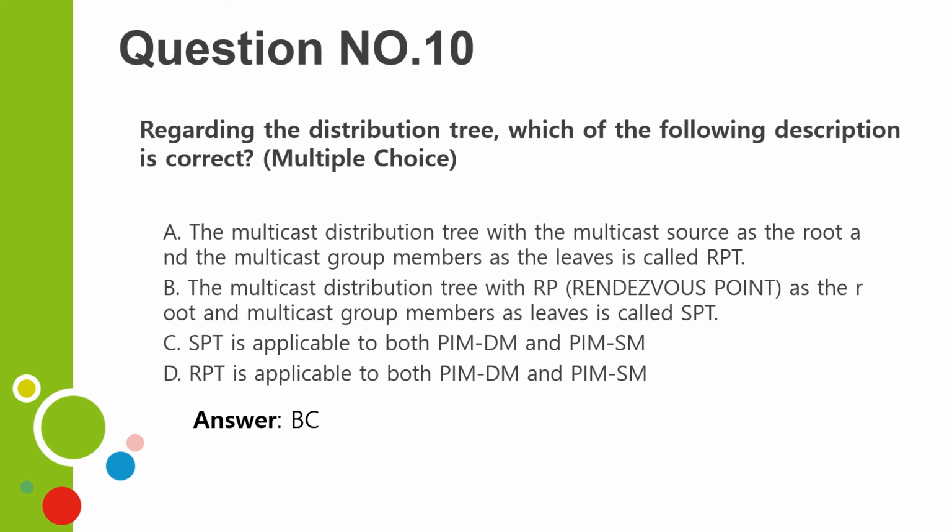B. The multicast distribution tree with RP, rendezvous point, as the root and multicast group members as leaves is called SPT. C. SPT is applicable to both PIM-DM and PIM-SM. D. RPT is applicable to both PIM-DM and PIM-SM.